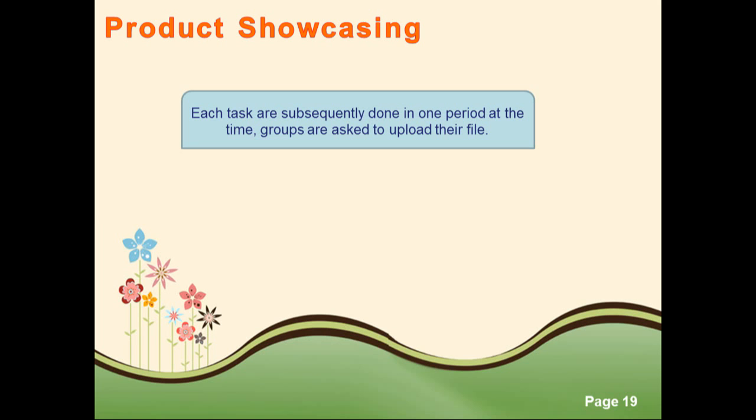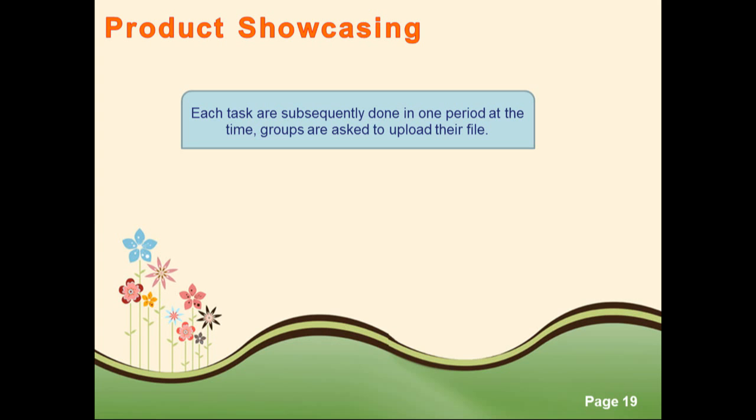Finally, product showcasing. Each task is subsequently done in one period, so one group will have to arrange their time to make all three presentations in front of the class, and the class will continue to do this till they run out of time.